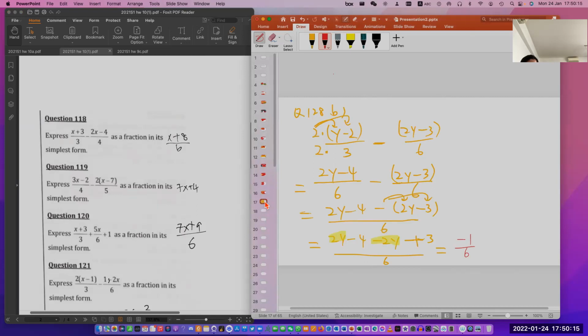So you better show your steps like this. And if you have a minus sign, you better put a bracket for the behind term. And once you have the bracket, when you open the bracket, show the first arrow and second arrow to minimize your chance of making a mistake.